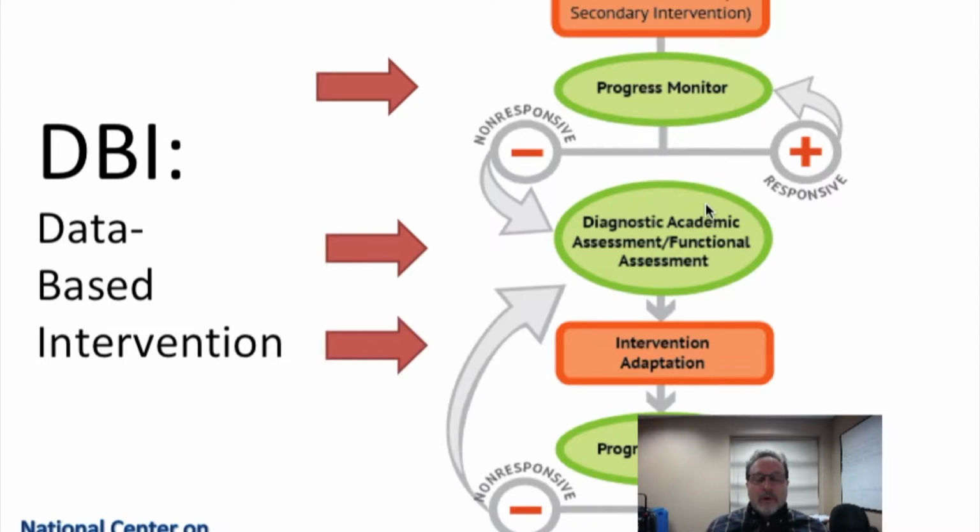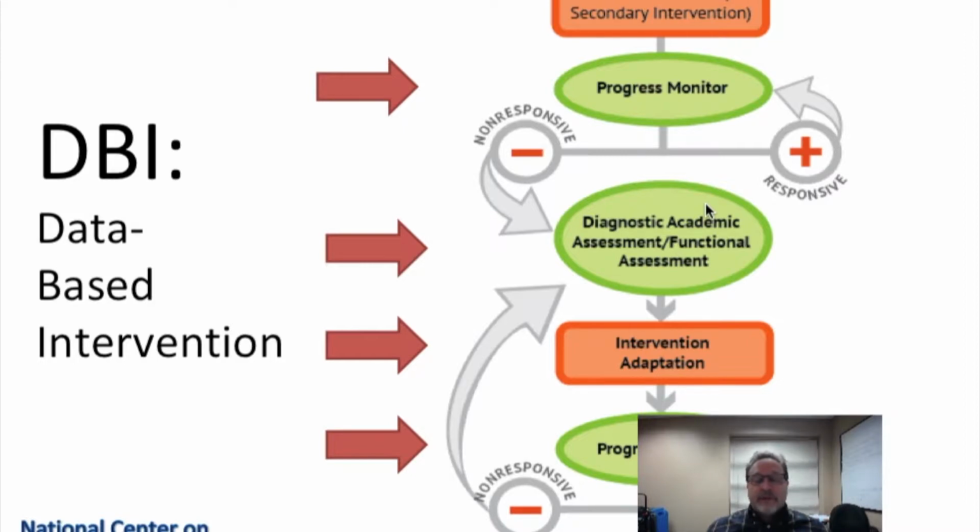Like I said before, the DBI process is intentionally adaptive and iterative over time. So you apply the plan, and then you collect data, monitor progress, and evaluate whether or not the plan is effective or needs to be modified or changed in some way. And then you loop back through that system. So that's a visual graphic display of the basic process.